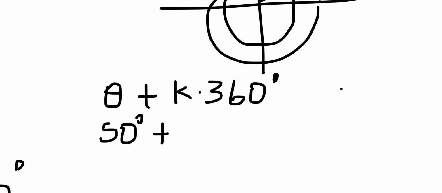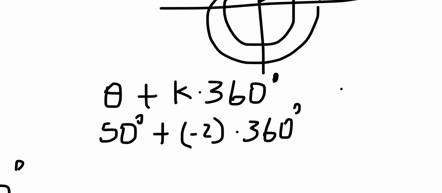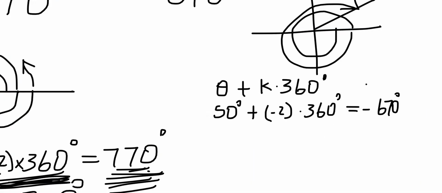Obviously this one was swinging in the negative direction. That's why you are having negative 2 of the 360s there, which equals that negative 670 degrees.